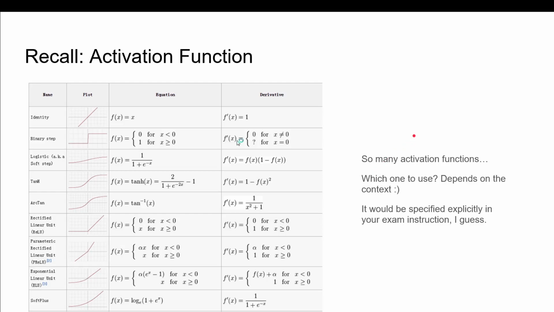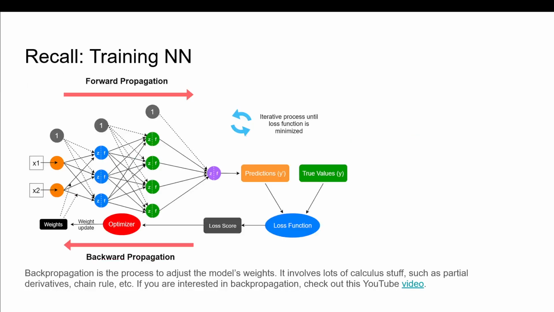Let's continue. The training process in neural networks has two main parts. The first one is forward propagation, where you calculate the values of all the neurons until you get the output, the predicted value.